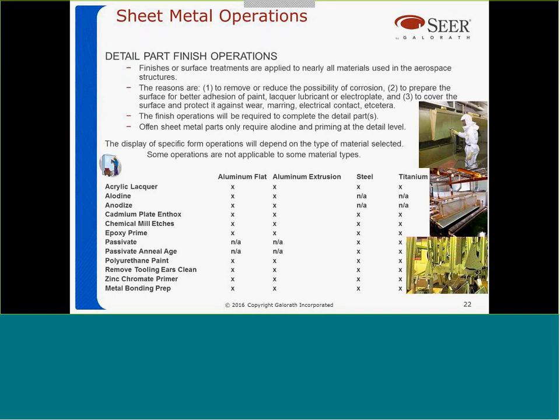The sheet metal model really works well with templates that we made for part types, etc. We cover the range of painting, Alodine, anodize, plate, chem mill, passivate, etc. Plating includes zinc, chrome, even metal bond prep if you're going to do a metallic bonding operation.